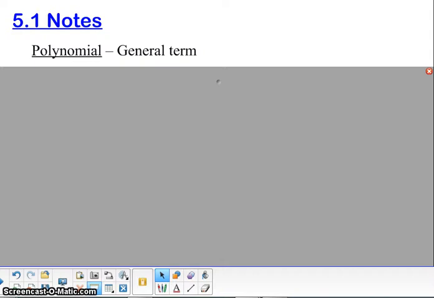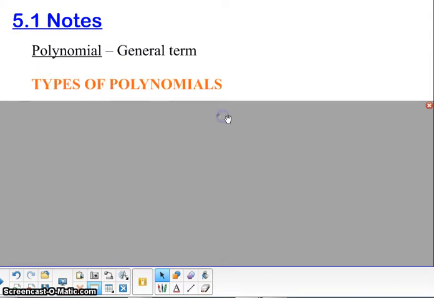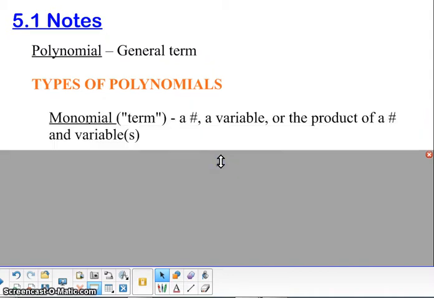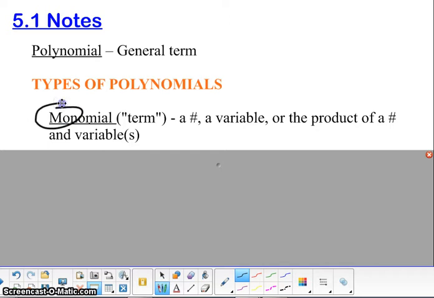And then if you divide polynomials up, a polynomial is made up of different sizes. So you have different types of polynomials, and the first one is going to be a monomial. Mono meaning one, so there's going to be one term, and it's a number, or it could be a variable, or it could be a product of a number and variable.